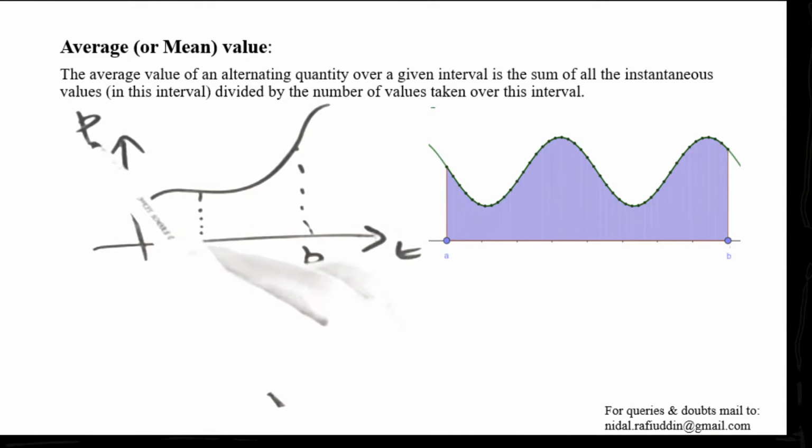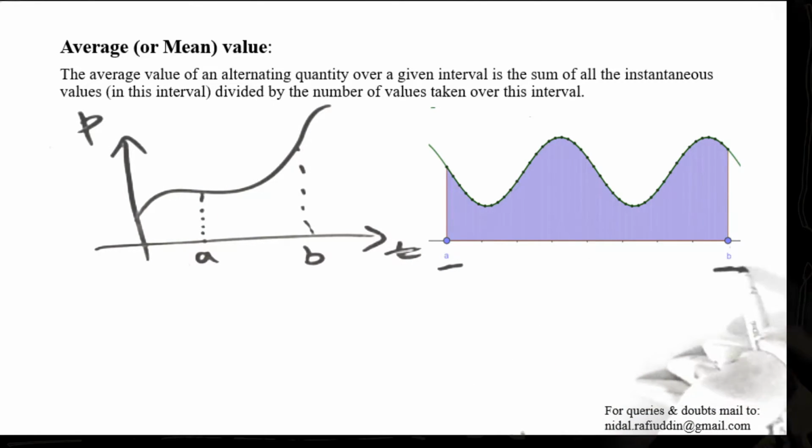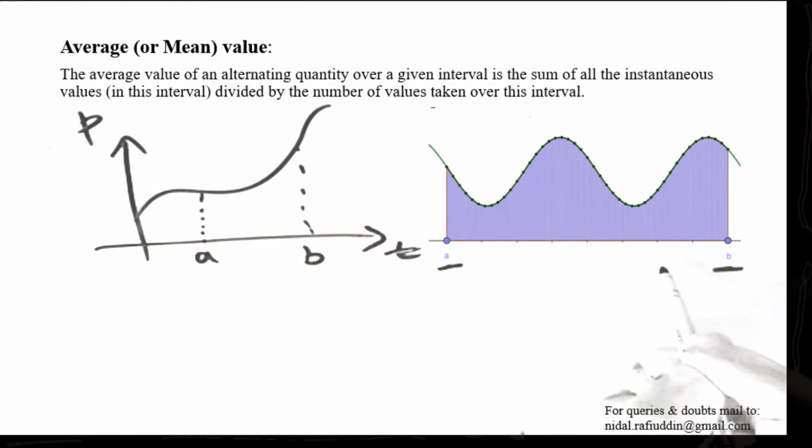It could be f of t or p of t, if this is t. So let's say we are interested to compute the average value between point A and point B. So in order to compute the average value, we will have to sum all the instantaneous values which lie between A and B.